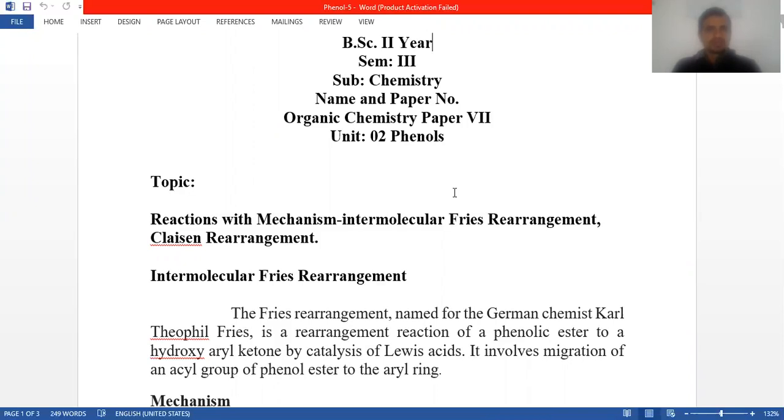The topics we have to discuss today are reactions with a mechanism: intermolecular Fries rearrangement, then Claisen rearrangement.